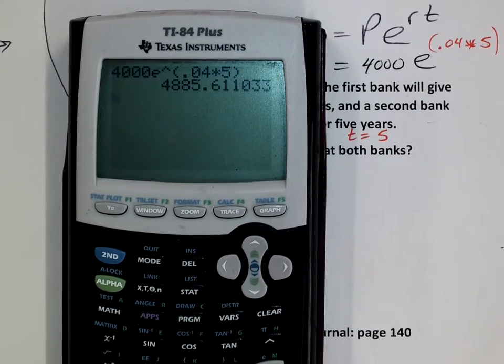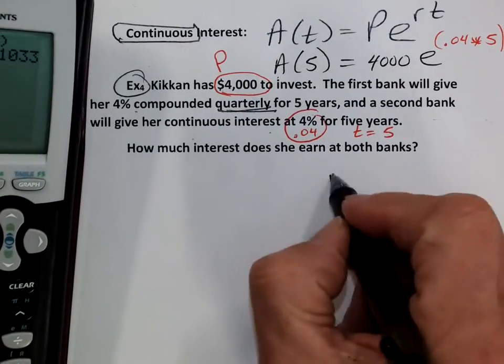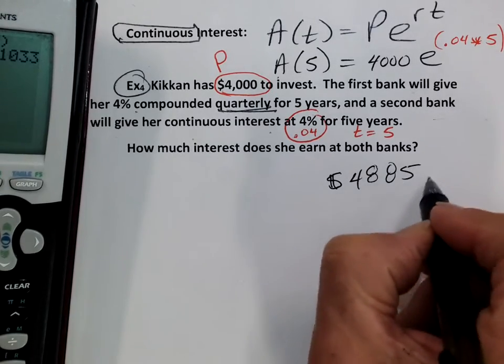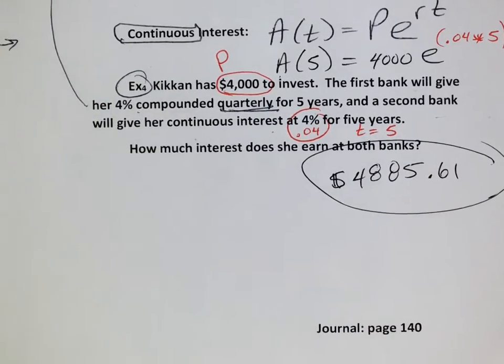Enter. So at the end of 5 years, we'll have $4,885.61. That's compounded continuously, okay?